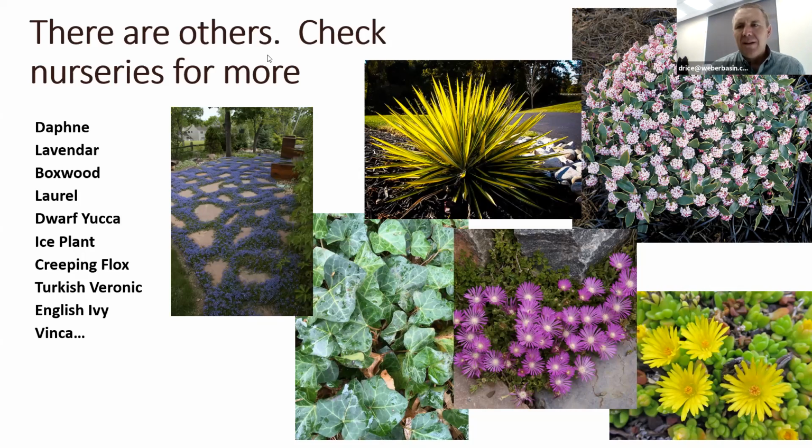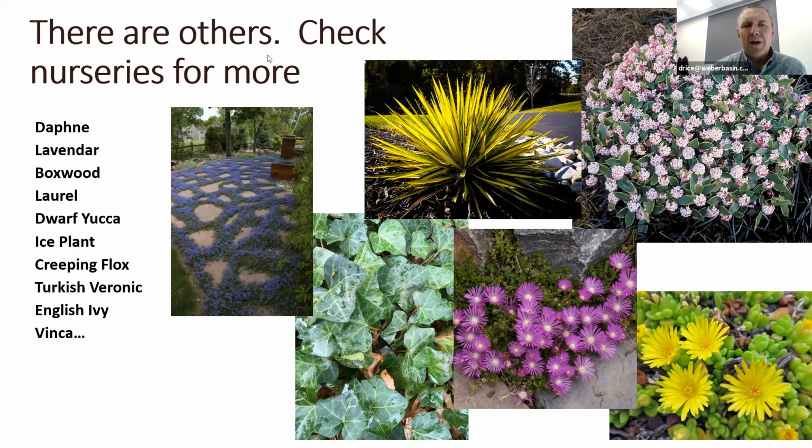But Daphne, a picture to the top and the right, Daphnes, there's lots of good Daphnes that are evergreens. It's a little harder to find them. Some of them aren't being cultivated nearly as much or sold in nurseries. But lavender's a fairly good evergreen plant. I mean, it tends to die back a little bit, turn a little brown, go dormant, but it still has a decent look through the winter.